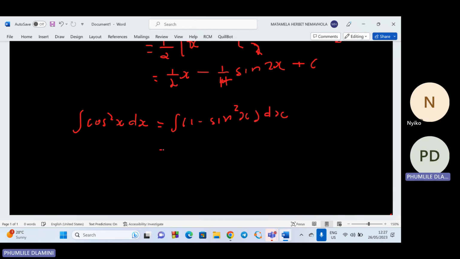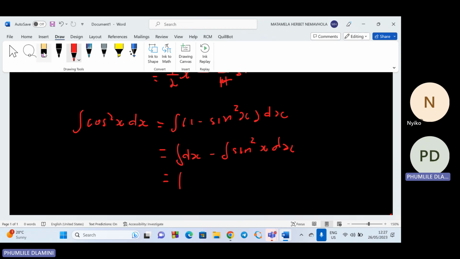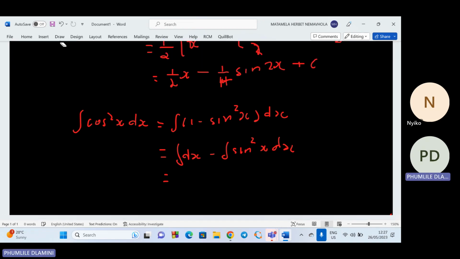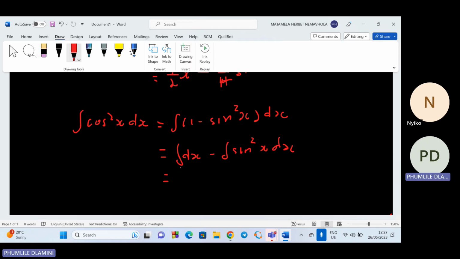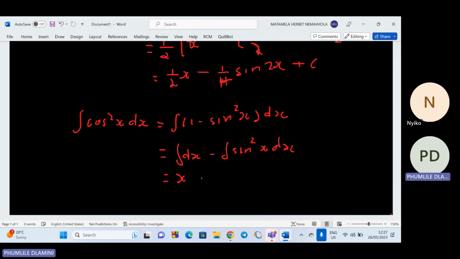When I change it this way, I will have the integral of dx minus the integral of sine squared x dx. Then I know that the integral of 1 is going to be x, minus the integral of sine squared x dx.